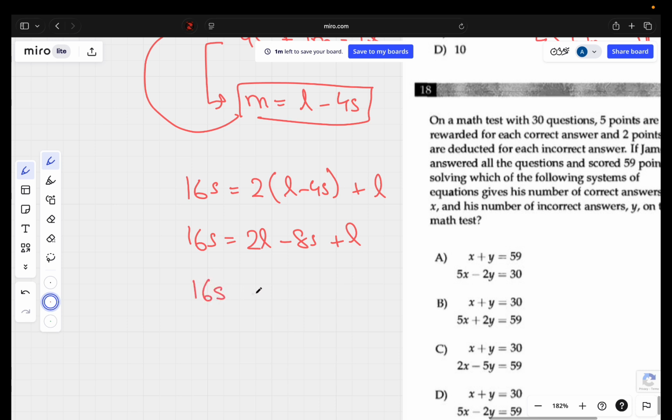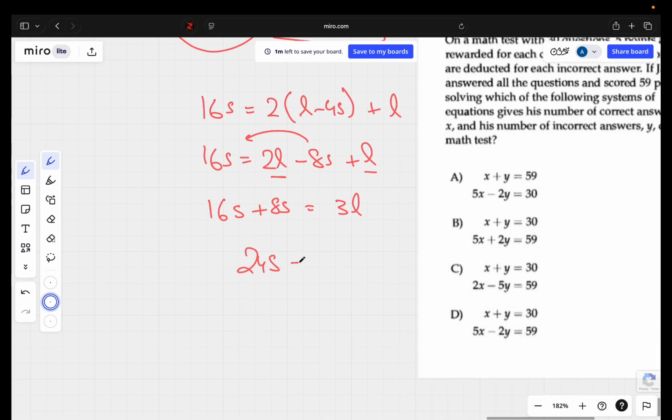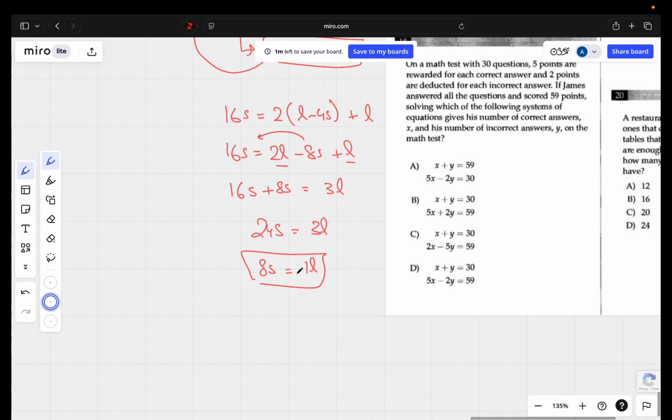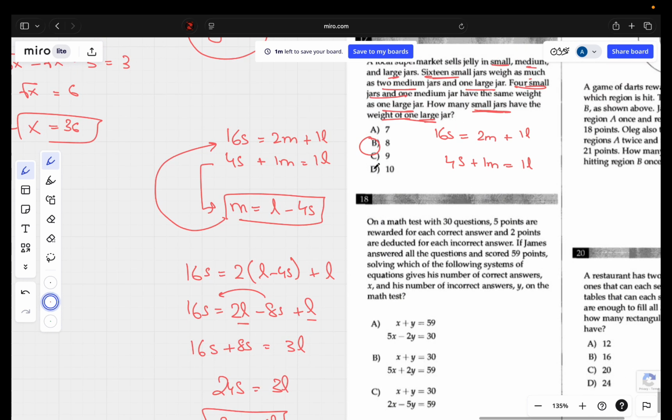We can bring the 8s on that side, so it's plus 8s equals 2l plus l, which is 3l. 16 plus 8 is 24, so 24s equals 3l. We can divide both sides by 3. It'll be 8s equals 1l. So 8 small jars weigh as much as 1 large jar. So that's going to be 8.